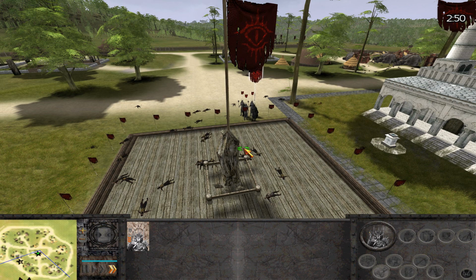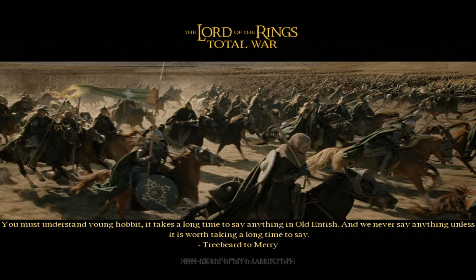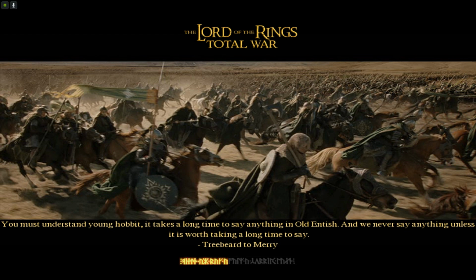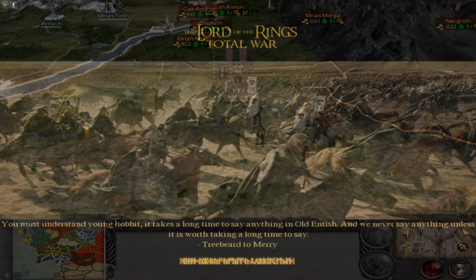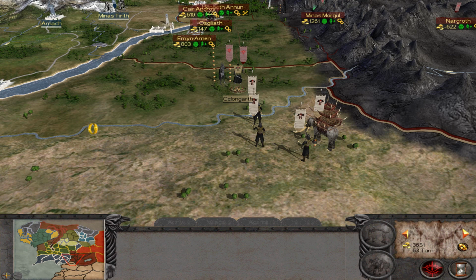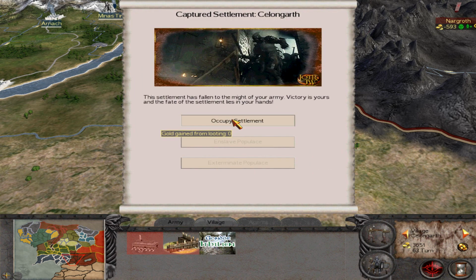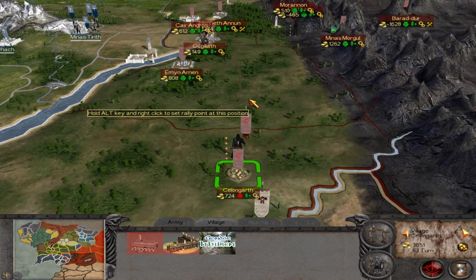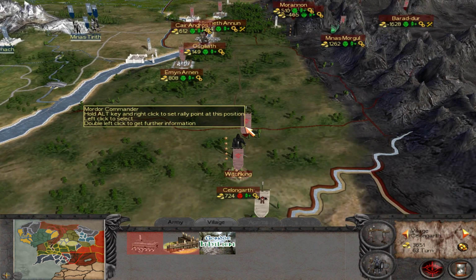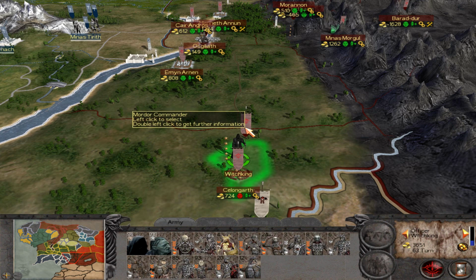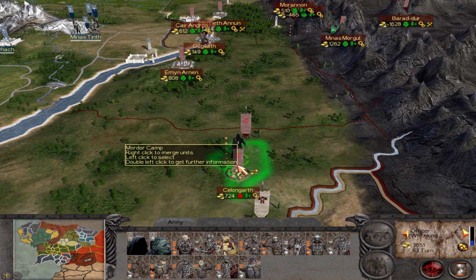Okay, we'll see if it's CTD or crash to desktop. This one didn't crash, but it might be just luck. Sometimes it won't crash and sometimes it will. But we will try to play a bit and we will count to 10 after each battle and see if that actually solves the problem.